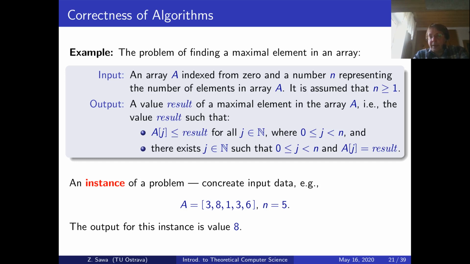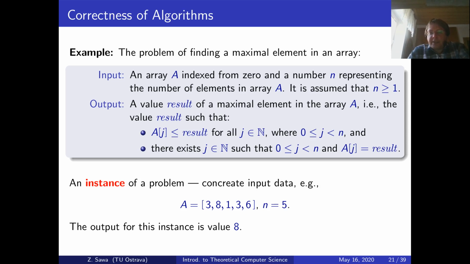So there could be some astronomical number of possible inputs, or typically, if we think on a more abstract level where we do not put any bounds on the amount of memory we have available, we have an infinite number of possible inputs.